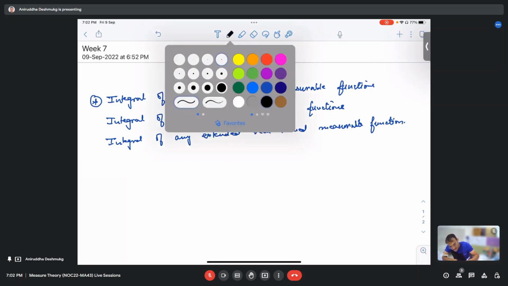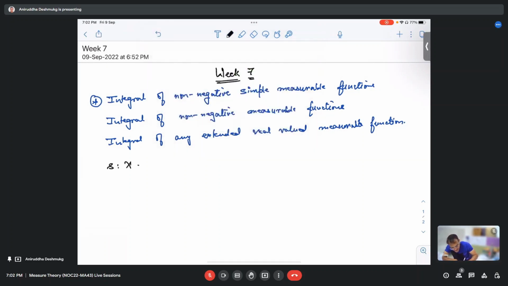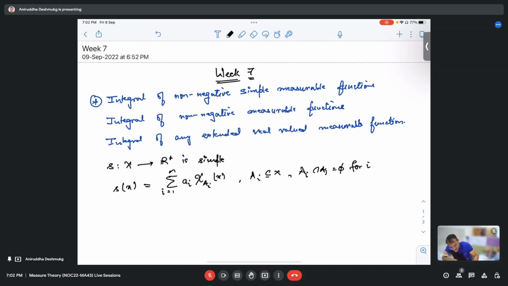Suppose we have a simple function s from X to R star is simple. Then by definition, s at any point x is given as the sum of a_i times phi of A_i at x, where A_i's are subsets of X, they are mutually disjoint, and their union becomes whole of X. So this is the definition of simple functions for us.